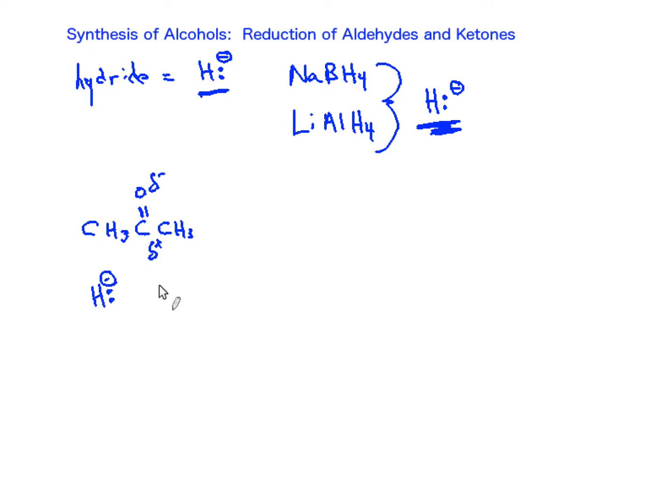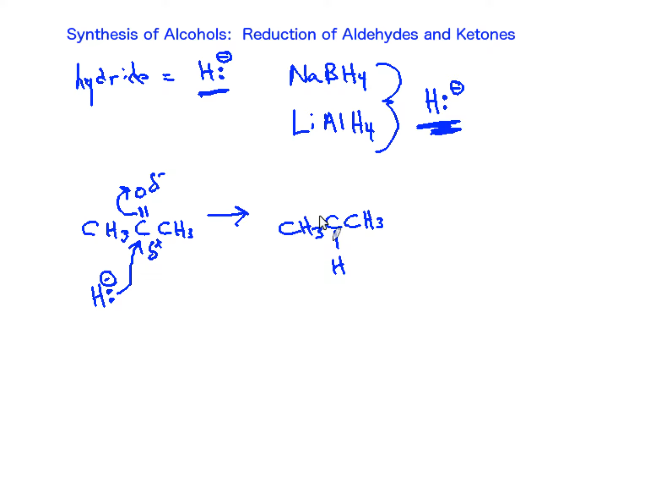If this carbon is partially positively charged, you might draw your first arrow with the nucleophile attacking that carbon, a new bond forming between the carbon and the hydrogen. Now there's a problem. We now have five bonds on this carbon, so we're going to have to resolve it by breaking that double bond and having these electrons go up to the oxygen to generate an intermediate. We generated a new carbon-hydrogen bond.